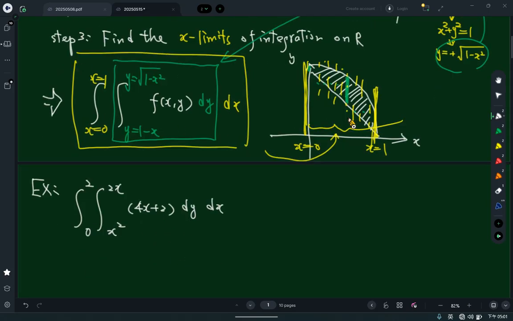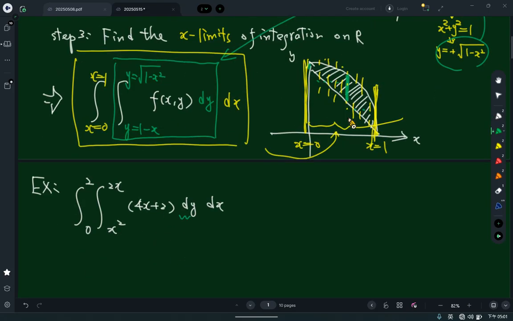If dy first, please put y equals here. Then dx, so please put x equal to 0 to x equal to 2. Then this is the function value, f of x y.